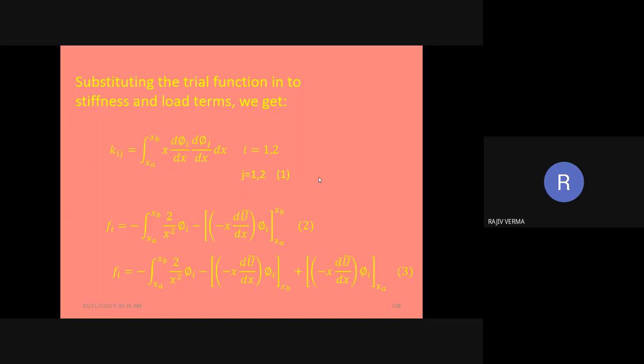It has been split into two independent terms. So in equation number 3, we have three terms. The first term is a load term which is supposed to be integrated over the domain of the element, while the second and the third terms are the values of flux multiplied by phi I, of course, evaluated at xa and xb.